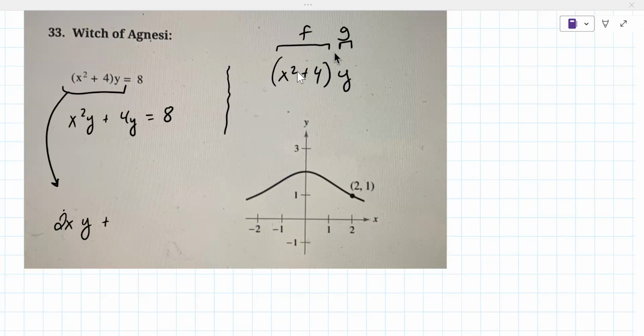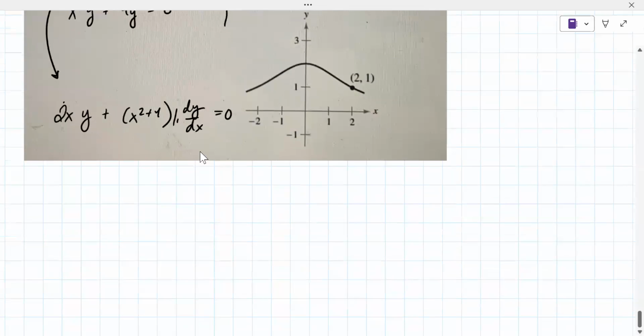Now you have to keep the first and take the derivative of the second. So x squared plus 4 and 1 dy dx, y dx. Okay, equals 0. All right, so now I'd like you to try solving this for dy dx, please.